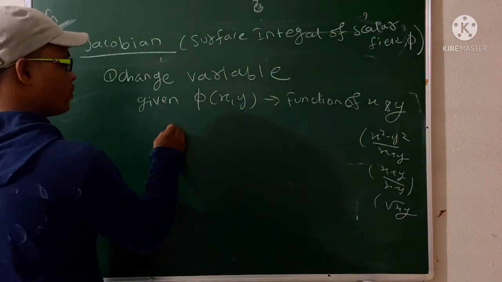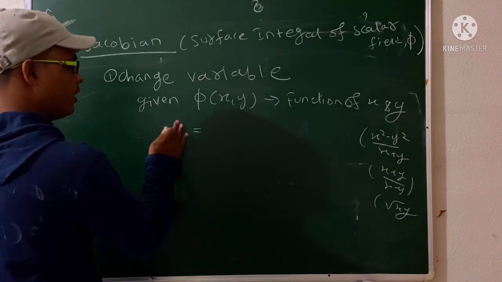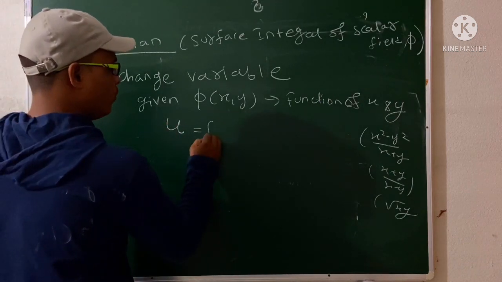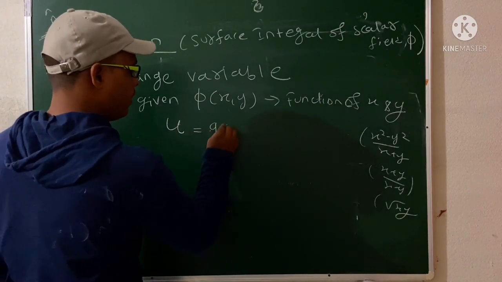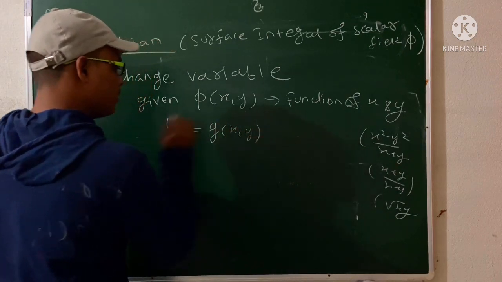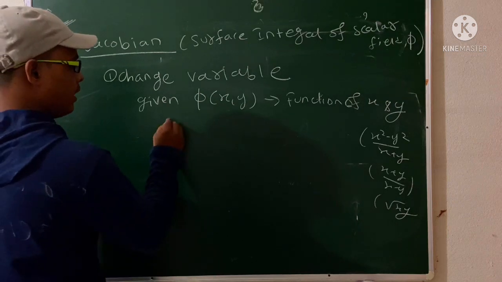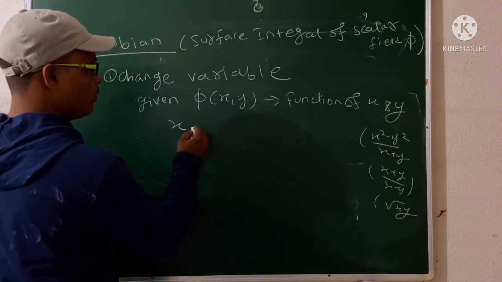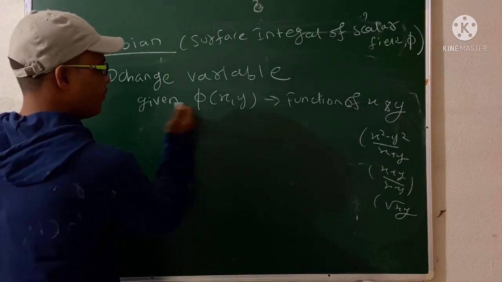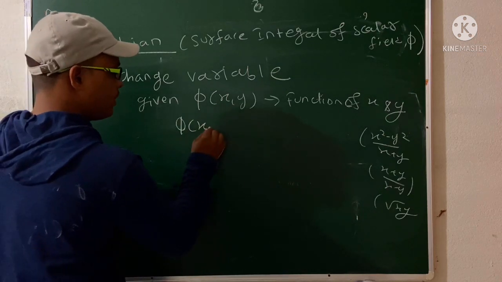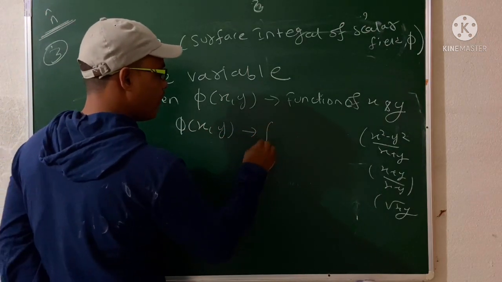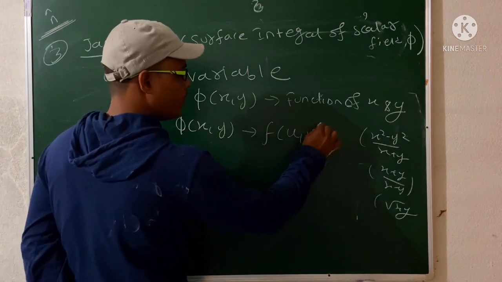Then change the variable. So how will you change? First write that x changes, the phi changes. Okay, so change the phi of xy to another function of uv. What is u?